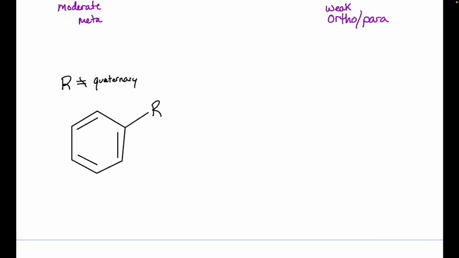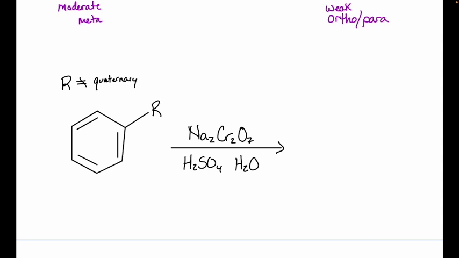But it didn't really matter how long that chain was. If we take this and we hit it with that chromium containing reagent, you see chromium and you think what? Oxidation. And that benzylic position gets fully oxidized into benzoic acid.